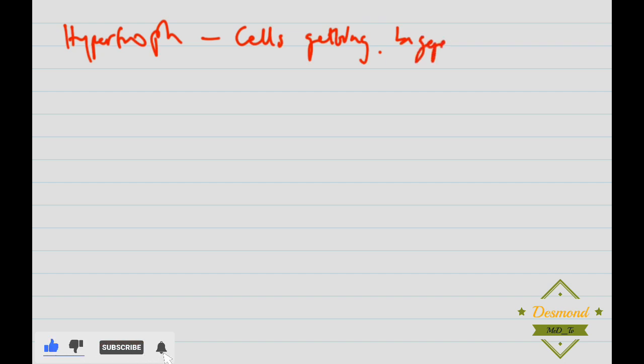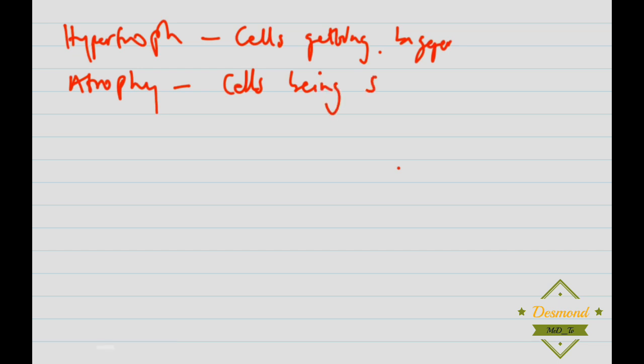Now, let's recap what we just talked about. So take note of this. Hypertrophy is just the cells getting bigger. Atrophy is just the cells shrinking.